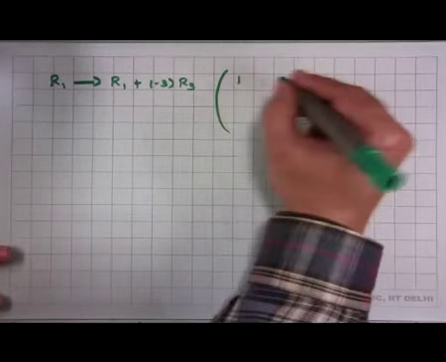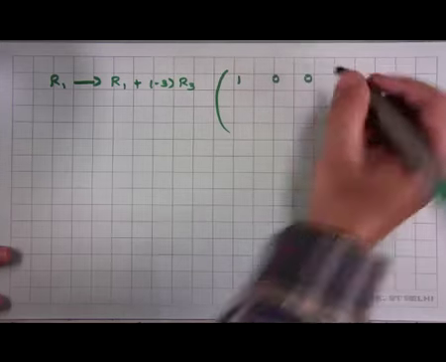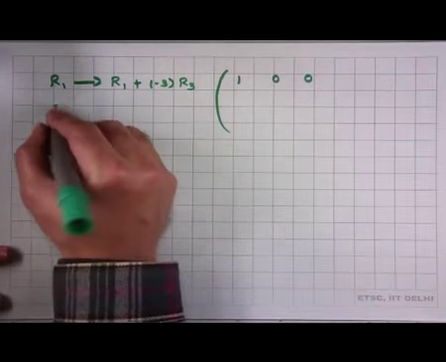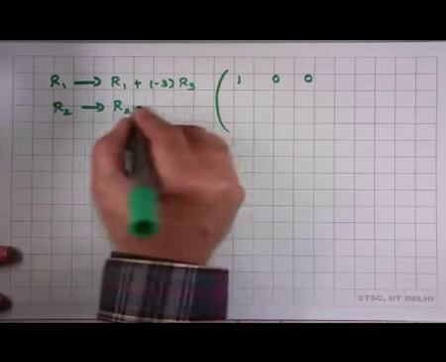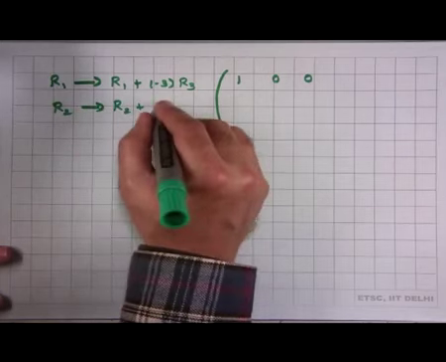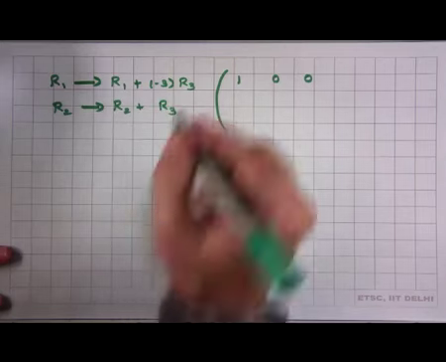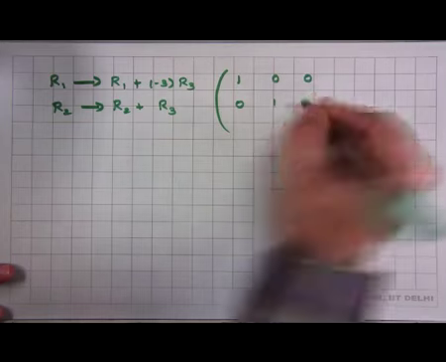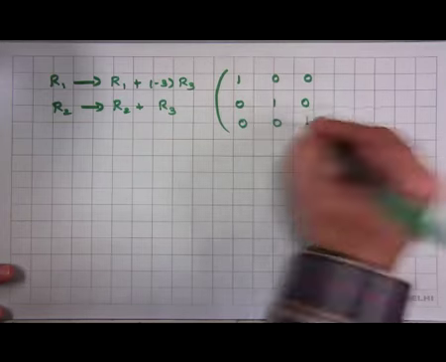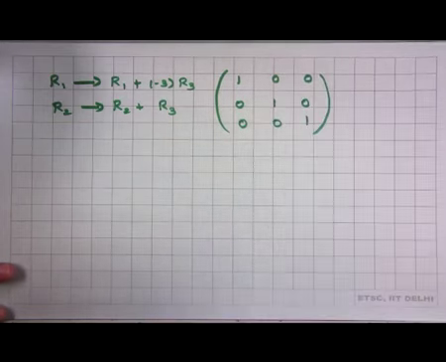I will have 1 0 0. And similarly I will replace R2 by R2 plus R3, just R2 plus R3. So, what will I end up with? I will just end up with 0 1 0 0. This is the thing that I have, right.